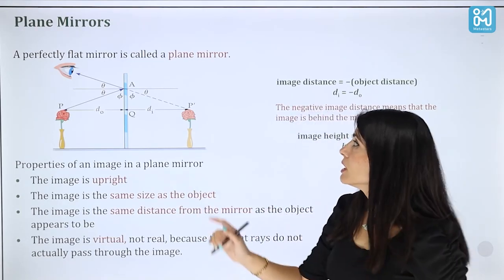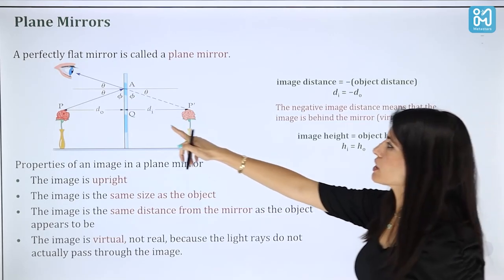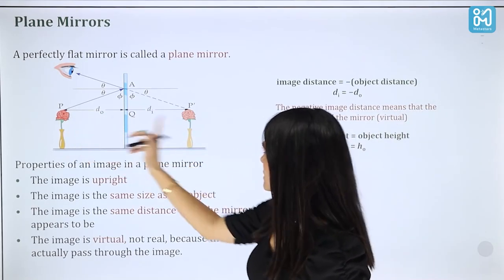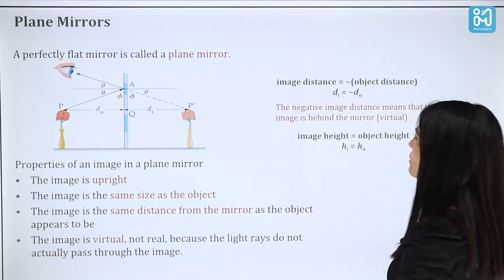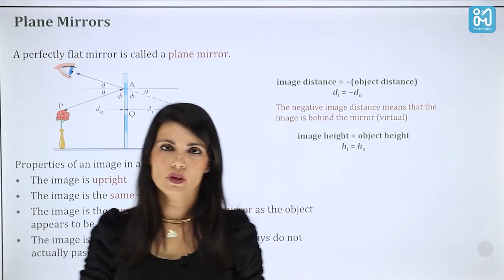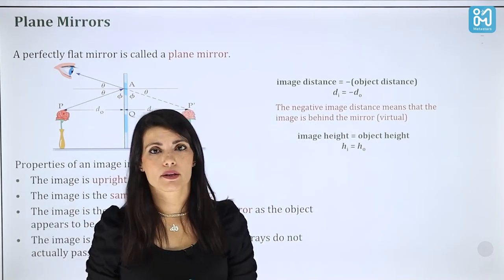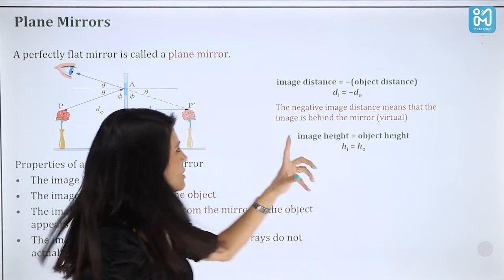Now, this is how we draw the image of an object. Then we have the mirror equation and the magnification. I will get to the mirror equation in a bit.